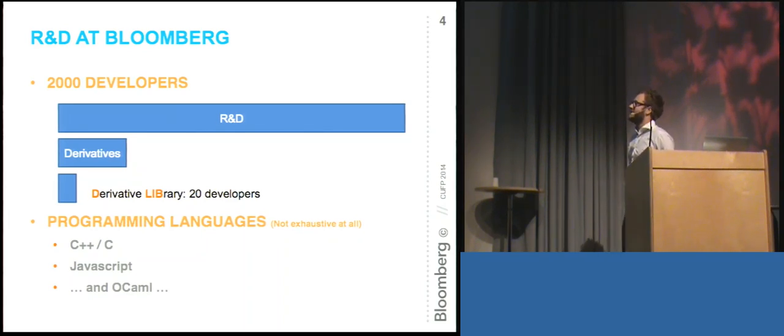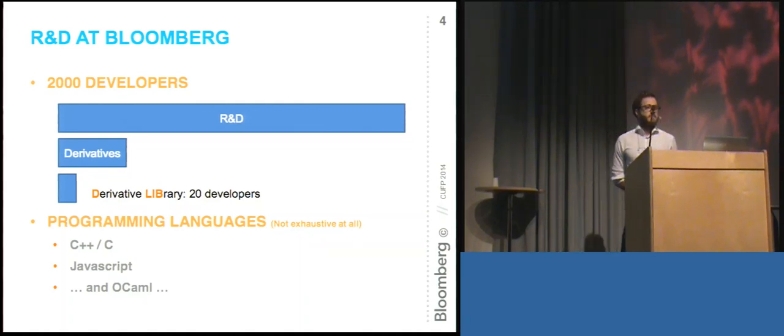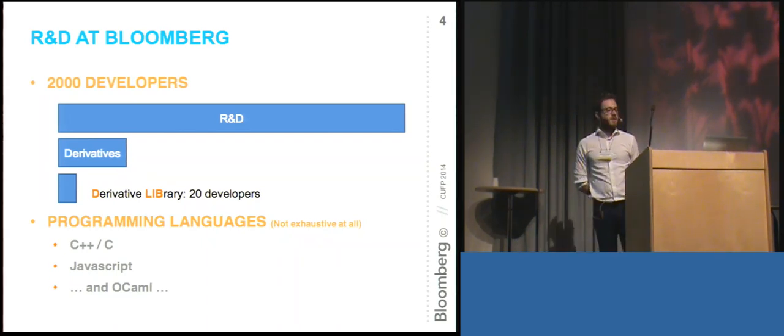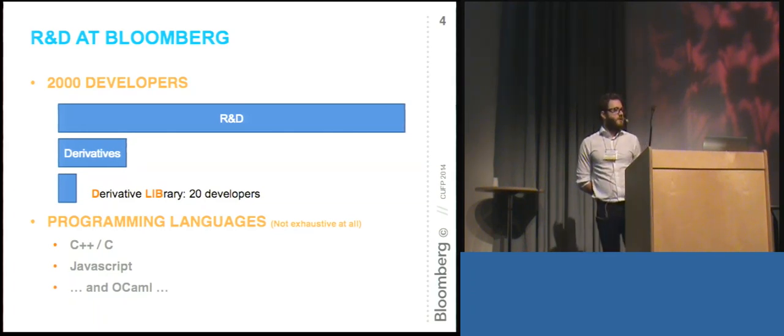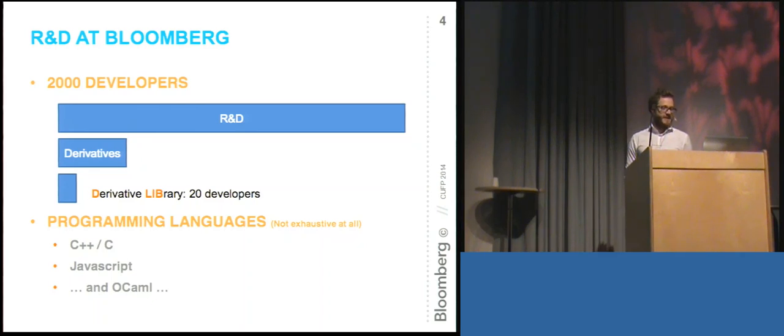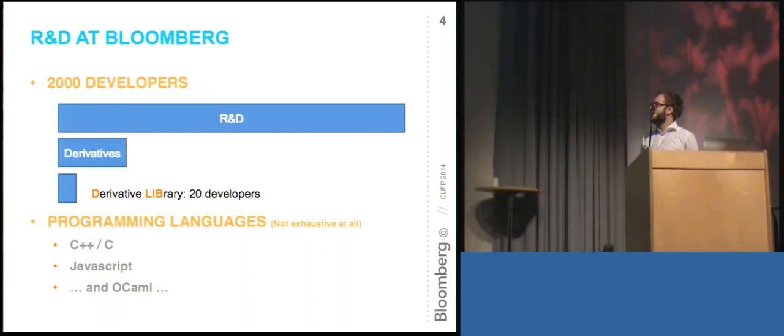So the programming language at Bloomberg, essentially, it's very broad, right? If you find a programming language that you think will do the job, then it's the right one to use. But the most used languages are C++ and C. We have lots of very good and expert people in C++ and C, and a lot of the backend code is written in these languages.